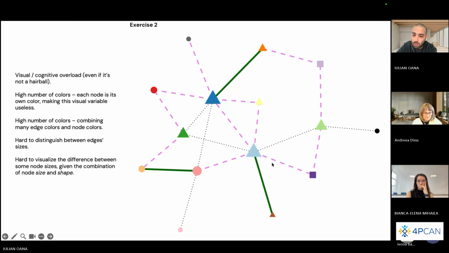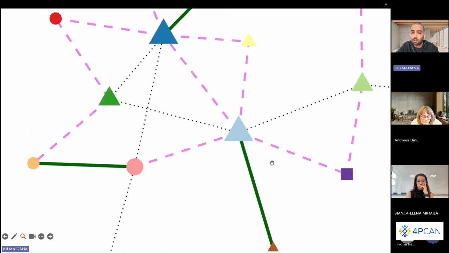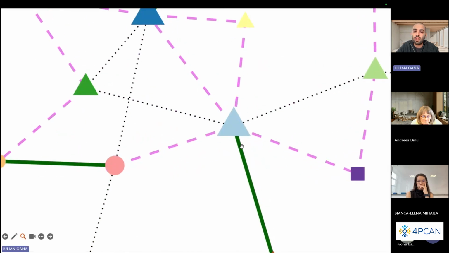So for example, here, it's very hard to tell if this is thicker than this. I know for a fact that it is because I've created it, and I know that this pink dashed line has a size of 2, whereas this green continuous line has a size of 3.